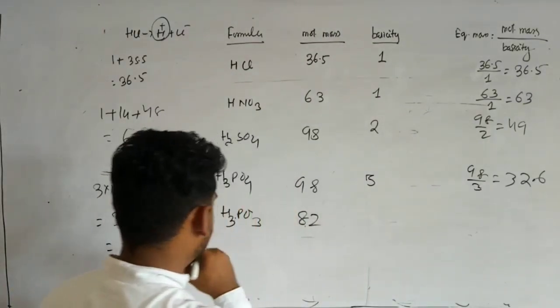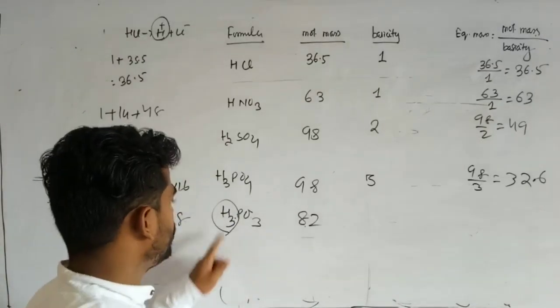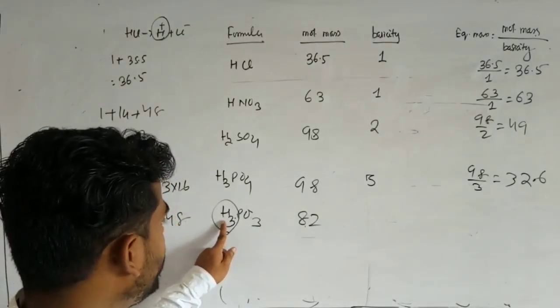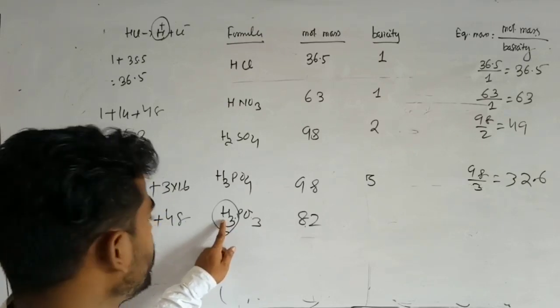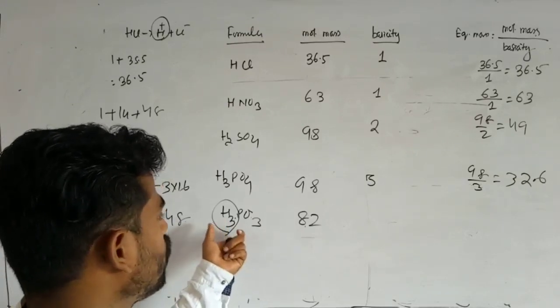So basicity, don't write 3 over here. I have defined it as the number of replaceable hydrogen atoms. Don't take 3 by simply looking at the outlook of this formula.